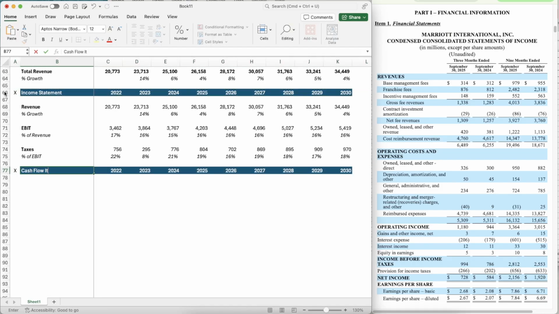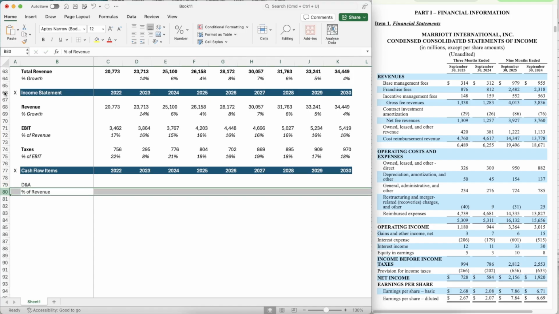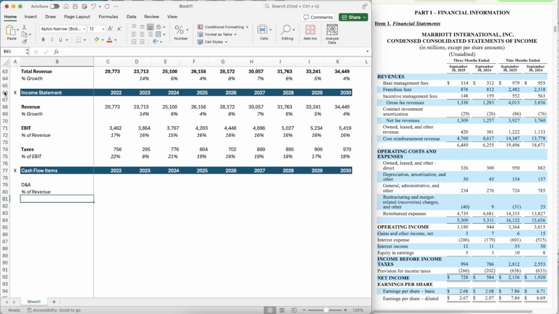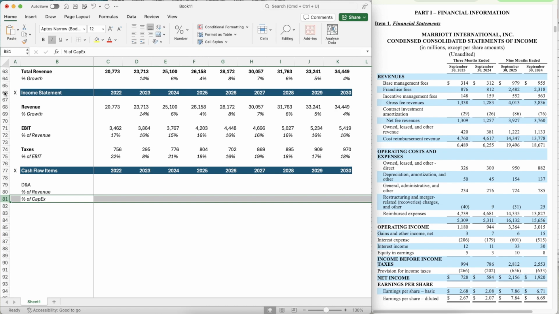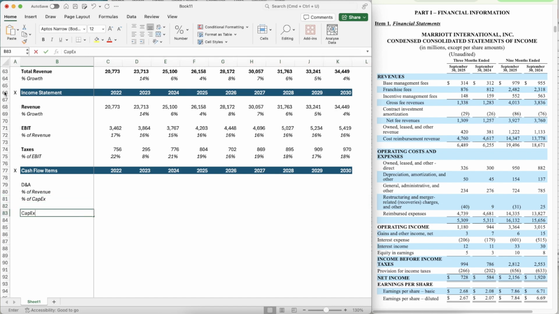The next item is cash flow. These are your depreciation and amortization. You know what that would be as a percentage of revenue. Also as a percentage of revenue. We want capex.